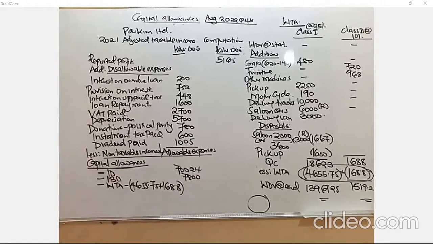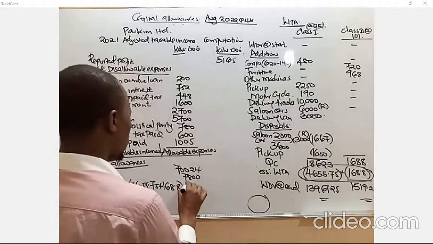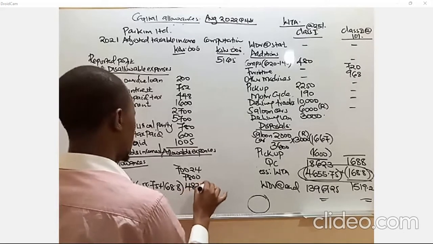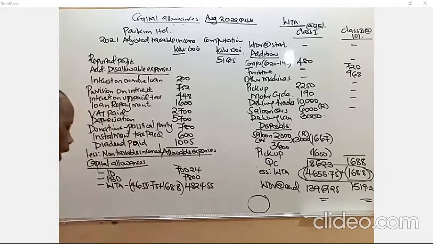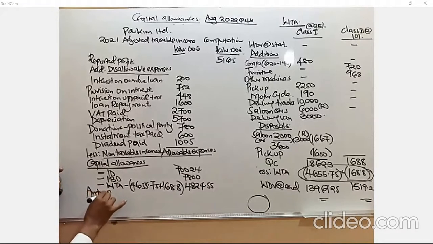How much is this? So the total will be 46,55.75 plus 168.8, which is 4824.55. Then after that, now you can go to that note number 6, which tells you very clearly that there was anticipated foreign exchange gain. Anticipated forex.